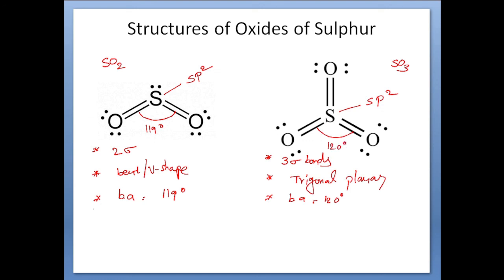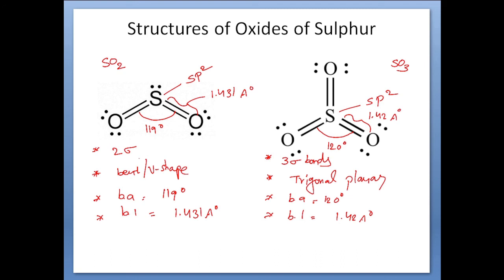In SO2, the bond length is 1.431 angstrom units, and in SO3 the bond length is 1.42 angstrom units.